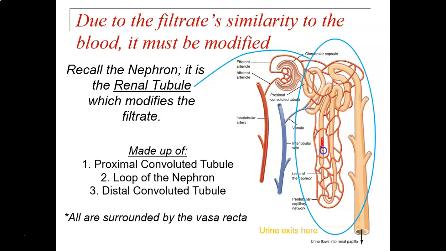So let's say I'm in the tubule. At certain parts along the tubule, our body can reabsorb, let's say, glucose. If we reabsorb it, that means it leaves the tubule and enters into the bloodstream. If we talk about secretion, say our body can secrete sodium or potassium into the tubules.